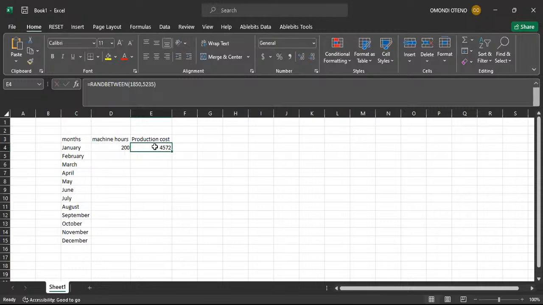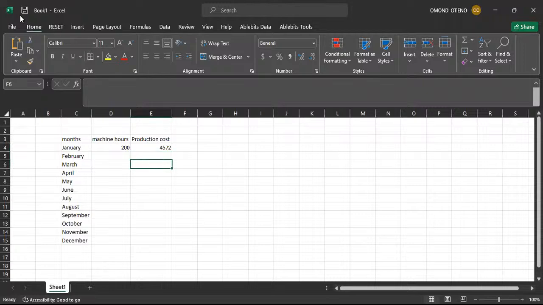For the production cost column, you just insert the numbers, type 1850, 5235, then you enter.